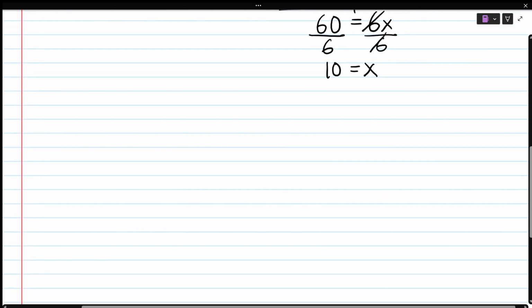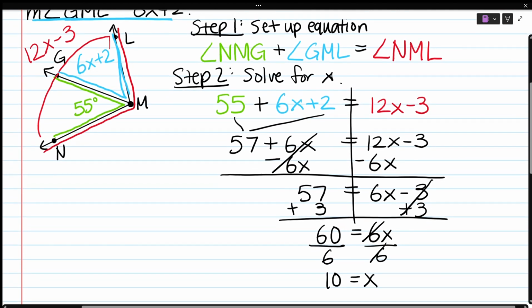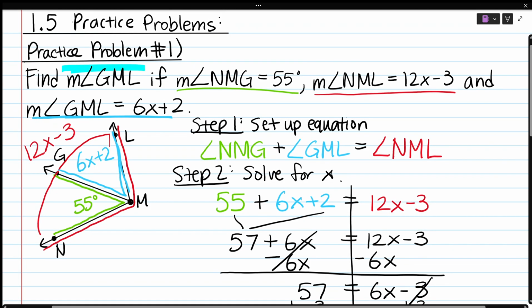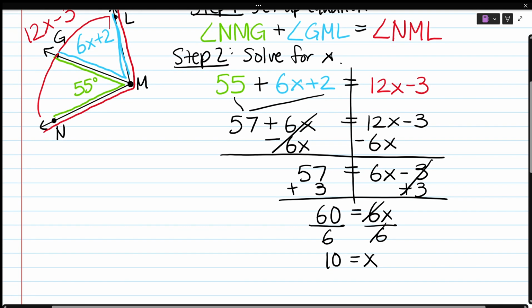A lot of you are going to be tempted to stop the problem here, but remember, the question said find GML, right? Find the measure of GML, so let's do that. Step 3, plug it in. Plug in your x.